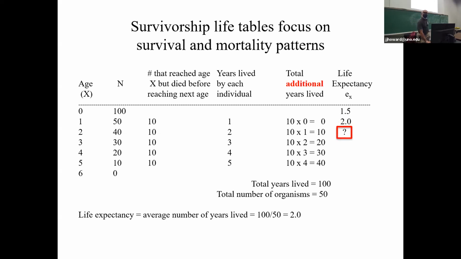Moving on to say E2, how many years additional can a 2-year-old expect to live? Well, we do the same thing. We get rid of the 1-year-olds and we base our calculations on a starting number of 40. And so that gives us 60 years total that these 40 individuals live. And so the life expectancy is back to 1.5.